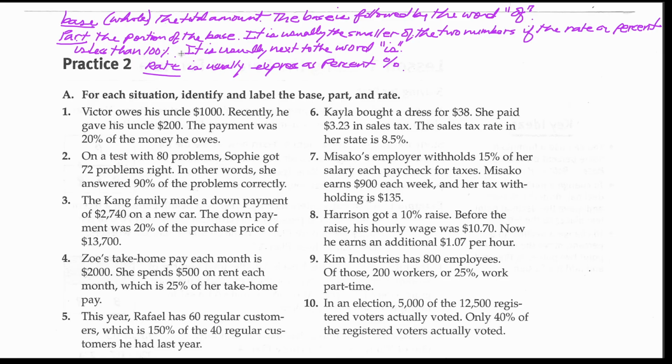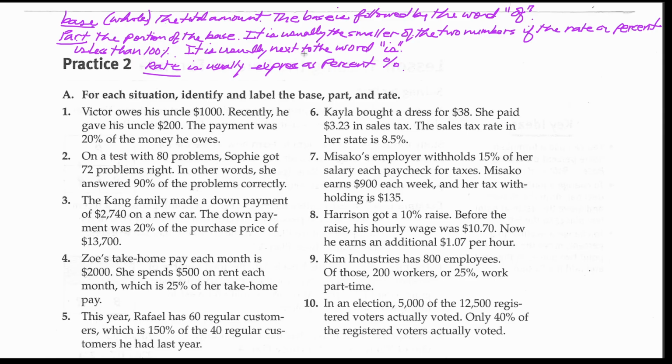Again, base or the whole is the total amount. The base is followed by the word of. That's the usual number. On the other hand, part is the portion of the base. It is usually the smaller of the two numbers if the rate or the percent is less than 100%.